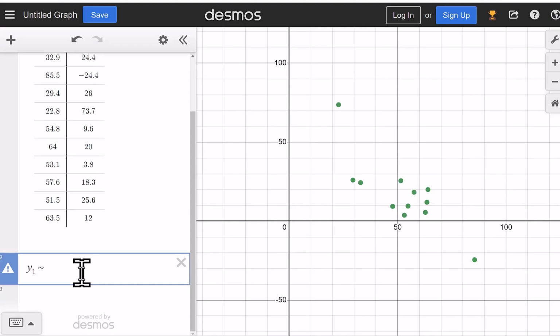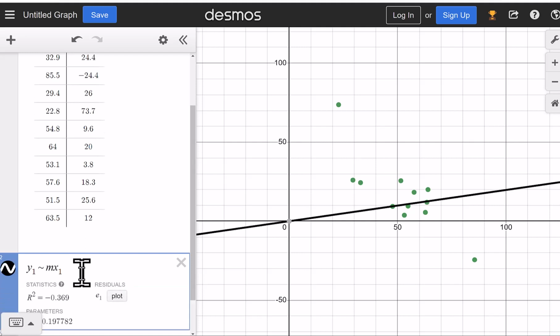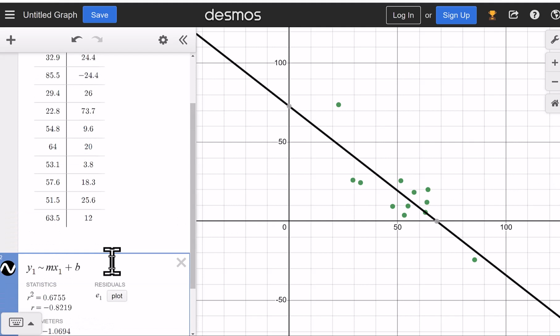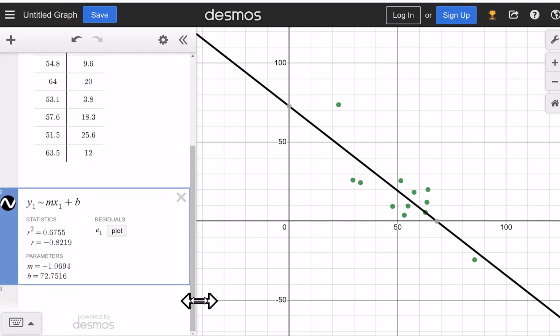So here we will exactly go as in algebra 2, that is, remember x1 was this explanatory variable name, and then plus b, just like we called these lines in algebra 2. So what you get here is that the correlation coefficient is negative 0.8219, and the R square or coefficient of determination is 0.6755.